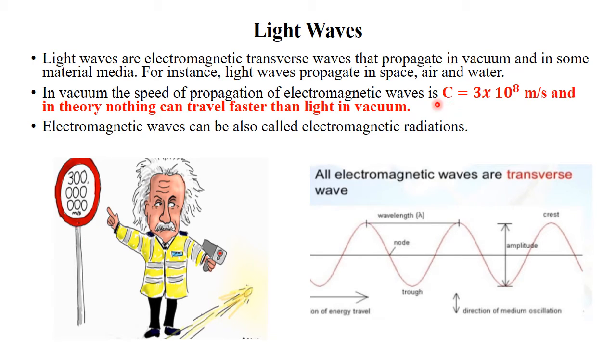So always say that the speed of light in vacuum is c equals 3 times 10 to the power of 8 meters per second. And in theory, nothing can travel faster than light in vacuum. Electromagnetic waves can also be called electromagnetic radiations.